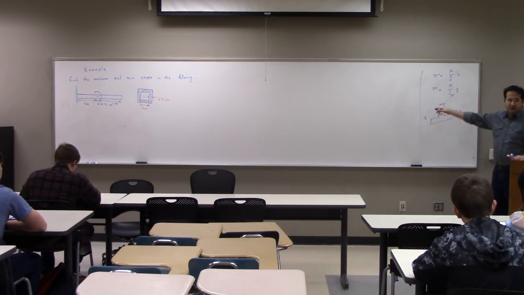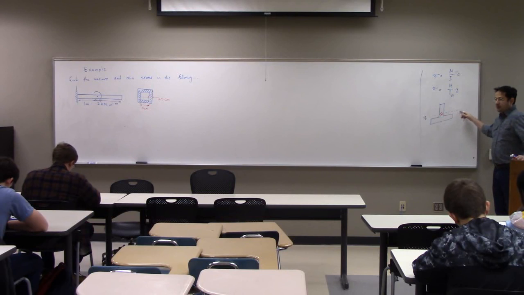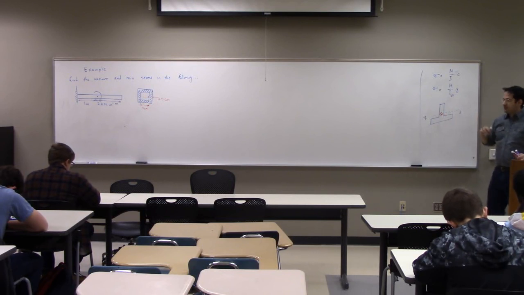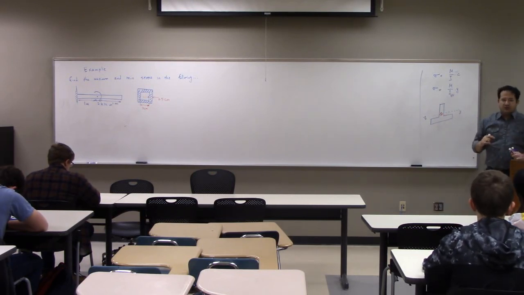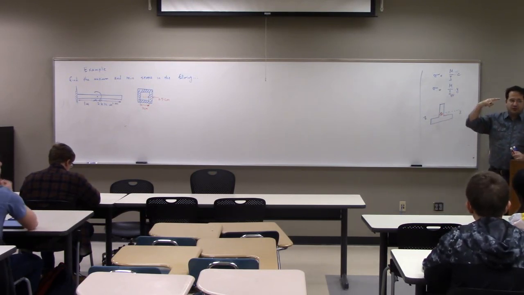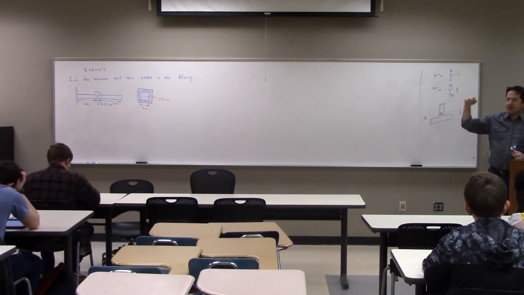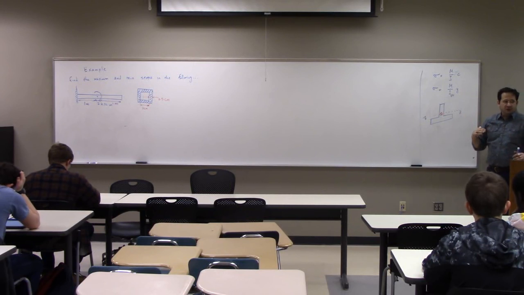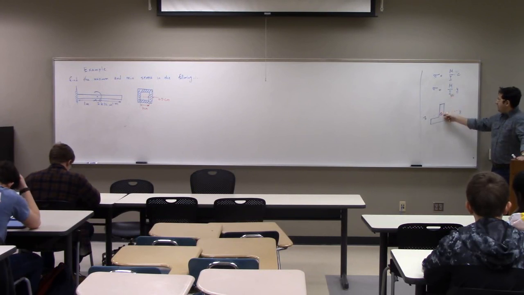So for any arbitrary cross section, you have to first find the centroid and pass the axis through the centroid, and then find the moment of inertia transferred to the centroid. You remember we did this in statics? When we wanted to find the moment of inertia about a particular axis, we had to transfer each individual moment of inertia with respect to its local centroid to the global centroid. So that I is coming from here.